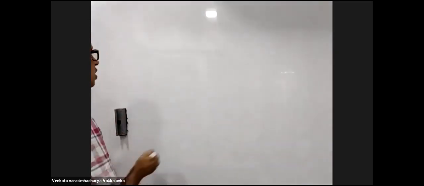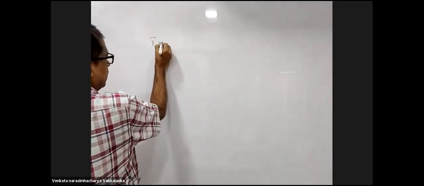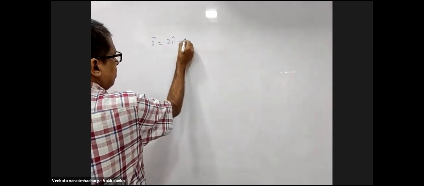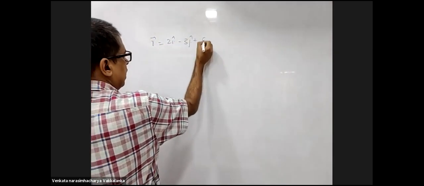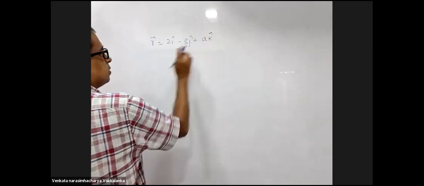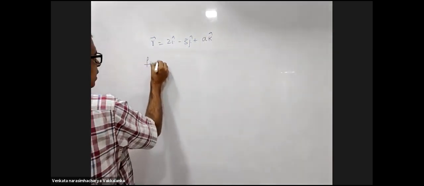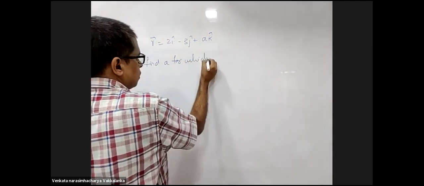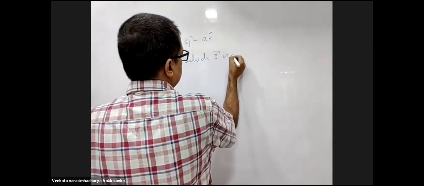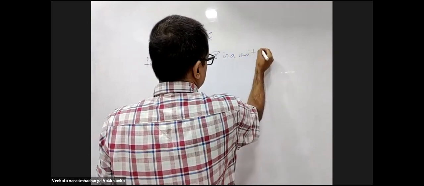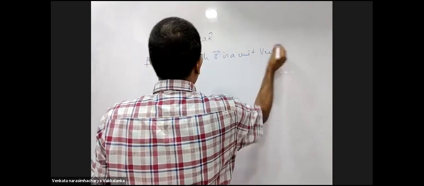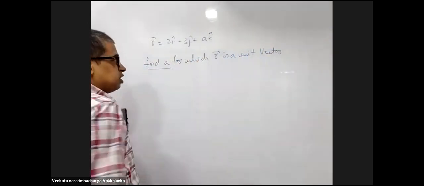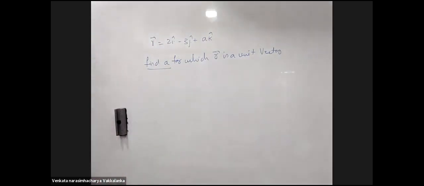Now, sometimes they'll give you a vector like 2i cap minus 3j cap plus a k cap. Find a for which R is a unit vector.